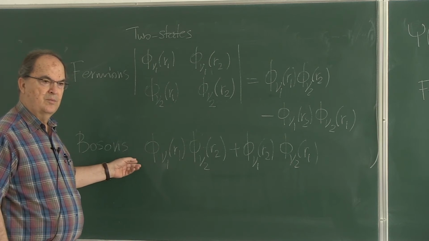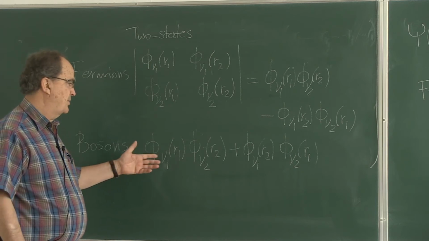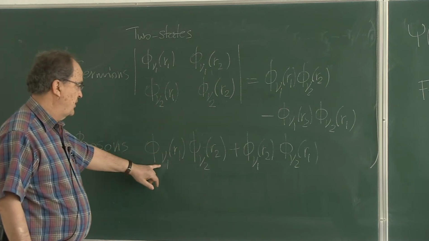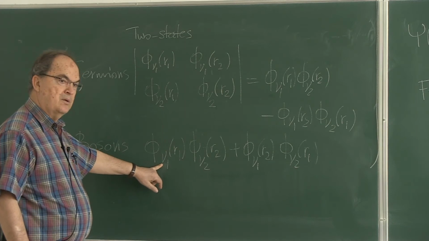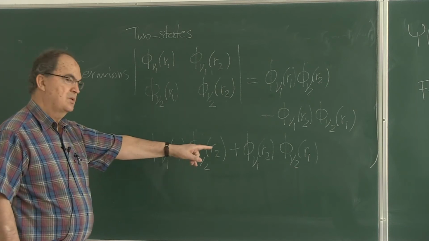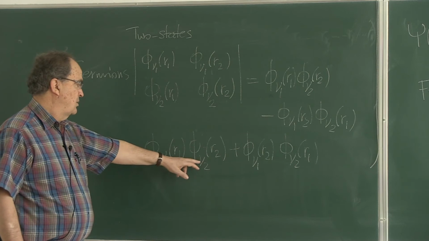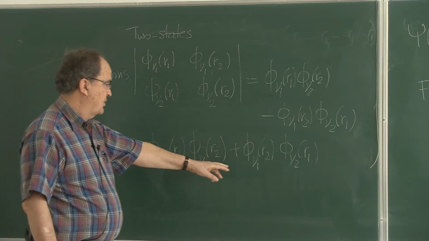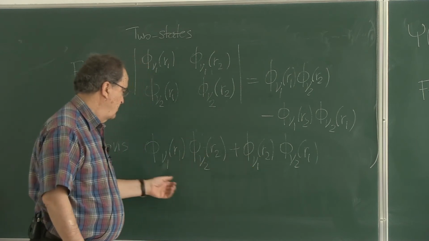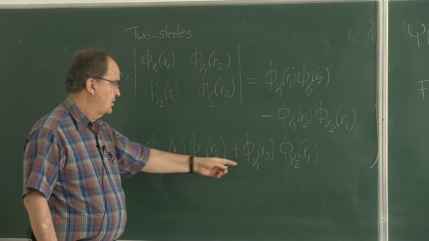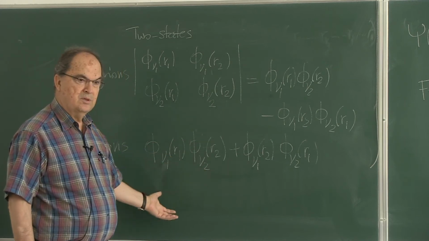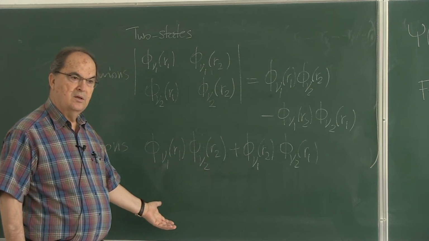Look at this form. If R1 goes into R2, this phi nu 1 R2 becomes nu 2 R1, which is the other term. This becomes nu 1 R1, which is that one. That becomes mu 2 R2, which is this one. So it doesn't change anything.